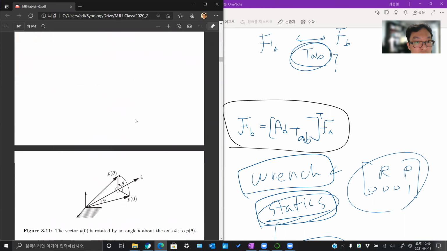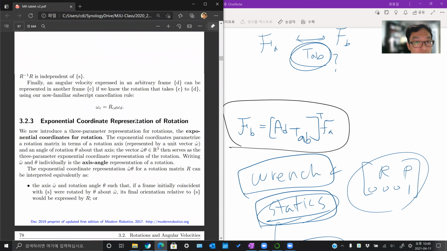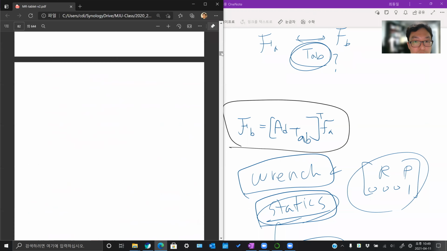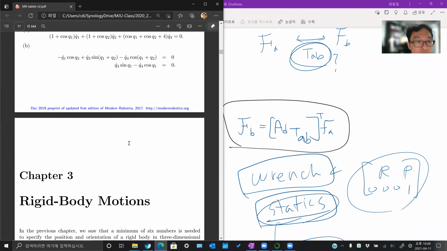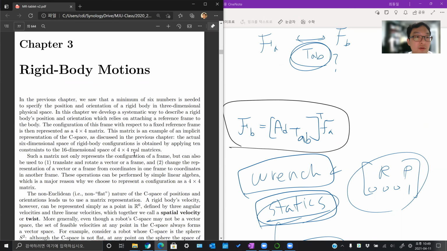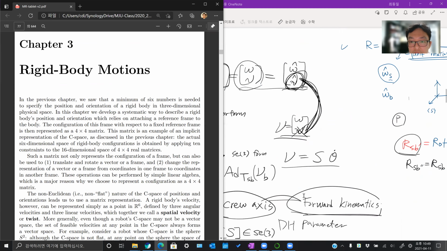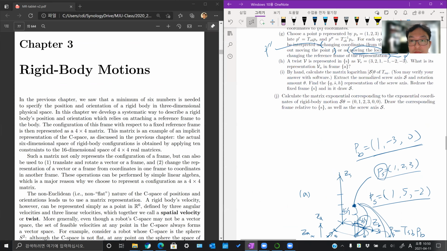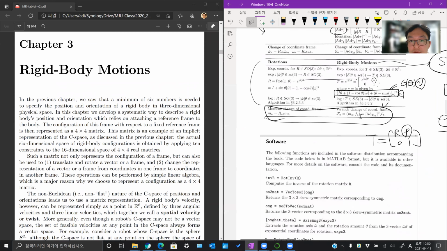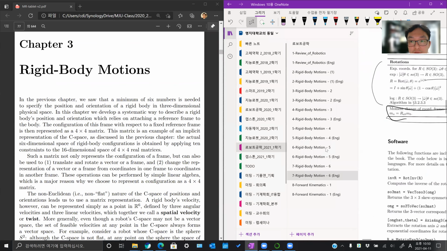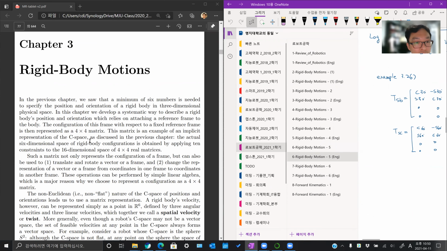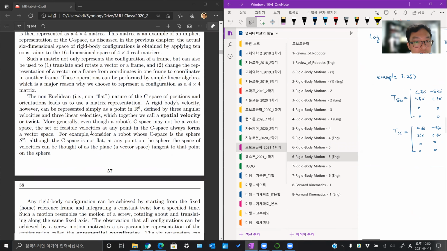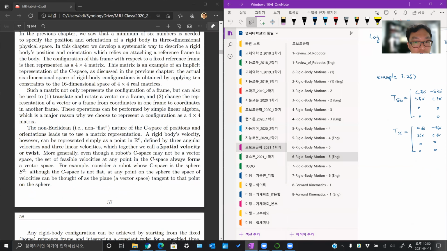Okay. In chapter 3, we learned about rigid body motion. Okay. We learned about spatial velocity, that is twist.